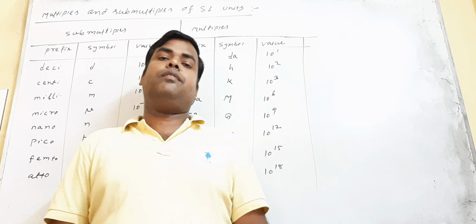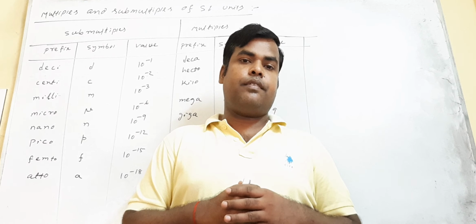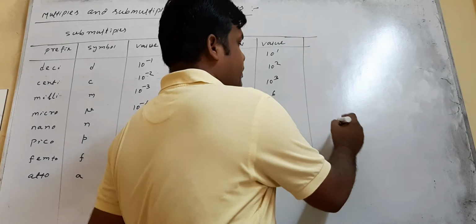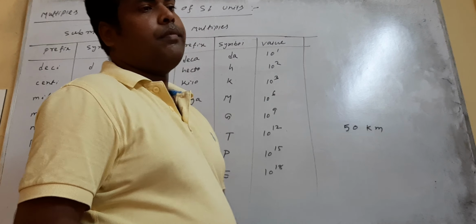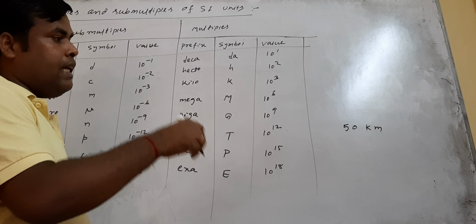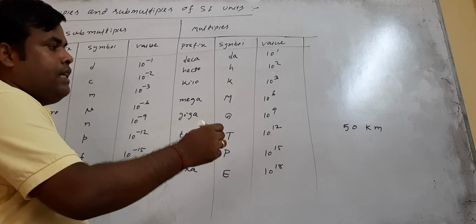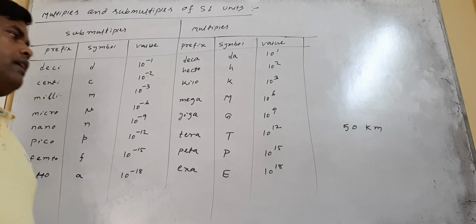For example, the distance between two cities, let it be 50 kilometer. If you want to express it in the SI unit, the SI unit of distance, you know it is meter.